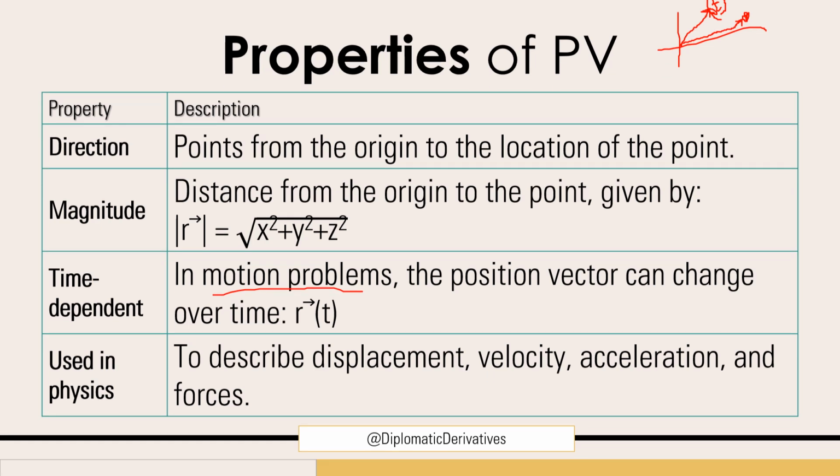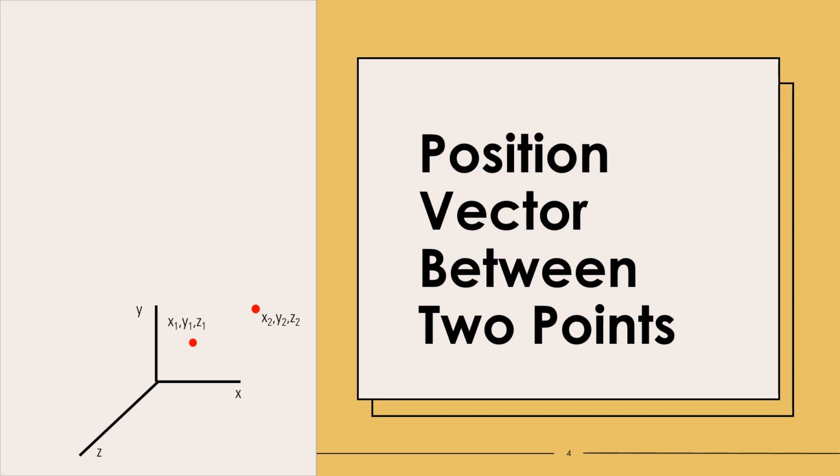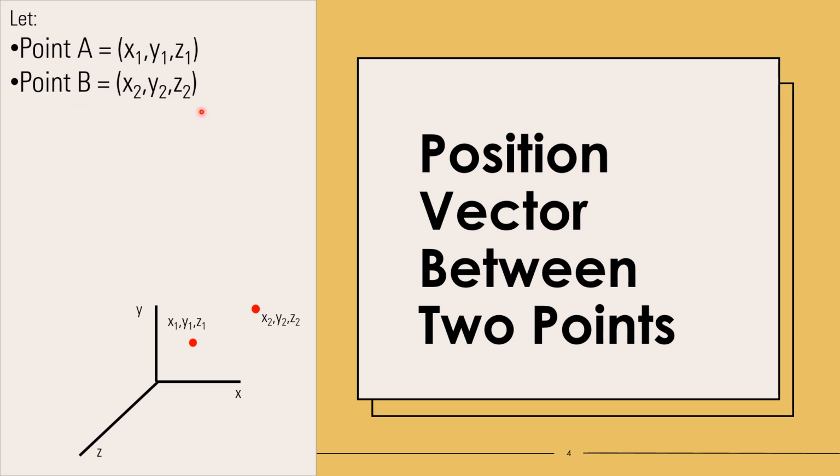Now we're going to see, for displacement specifically, if an object moves from one point to another, what is the displacement? So how do we do that? That is a position vector between two points. Now let's suppose we have a point A, which is (x1, y1, z1), and we have a point B, (x2, y2, z2).